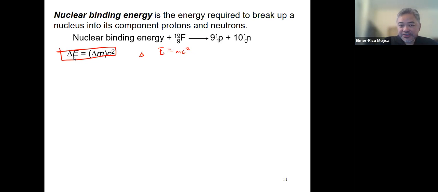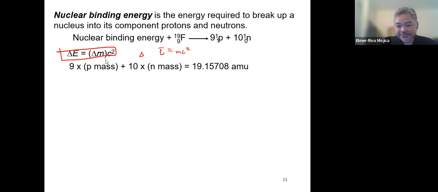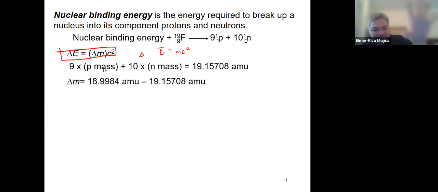So you have here the so-called delta M, what we call the mass defect. I'm just going to discuss this to you, but I can assure you there's no question about this in the final exam. But at least for curiosity purposes, this is how Einstein predicted that you can harness a vast amount of energy from the atom.